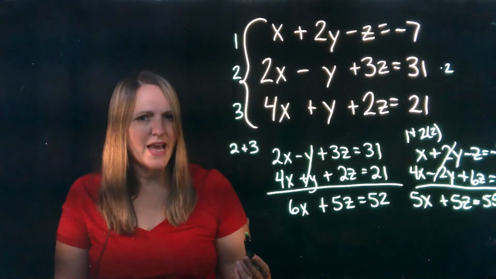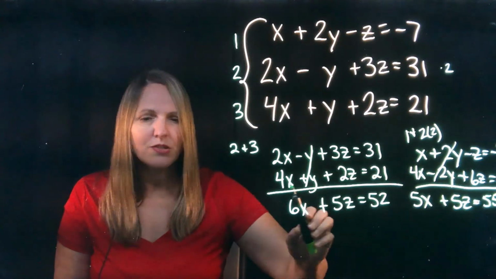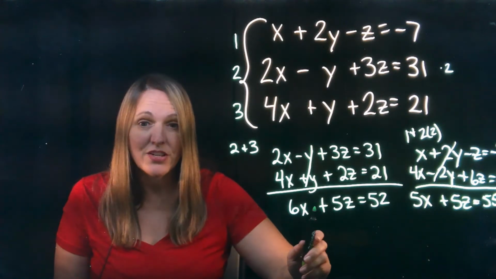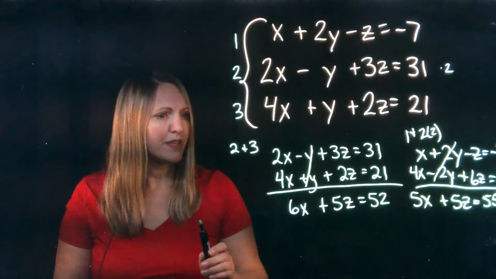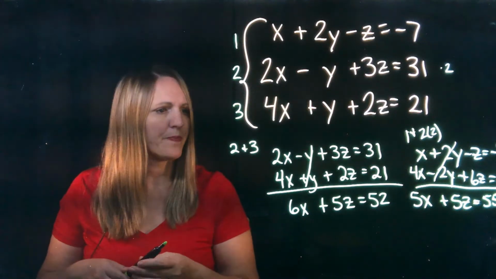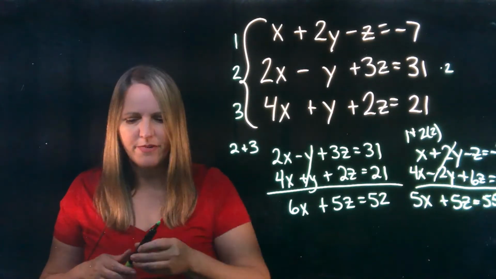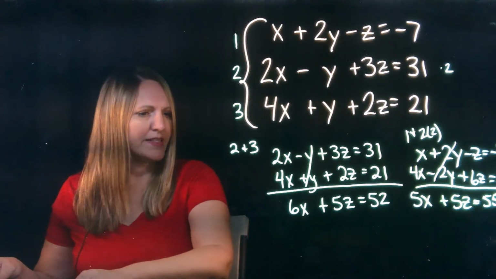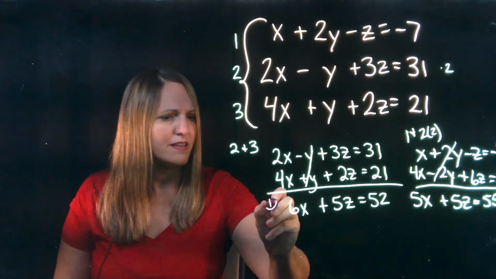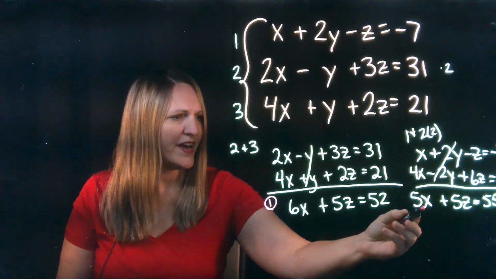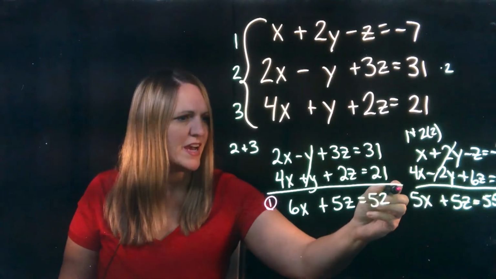So now I have 2 equations with 2 unknowns. I can use elimination to eliminate one of those. My first new equation is 6x plus 5z equals 52. Then I have 5x plus 5z equals 55.